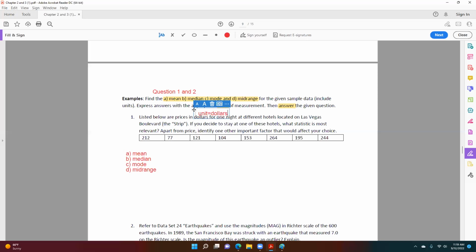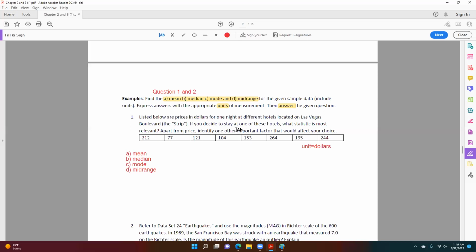So you do not need to worry about taking points off because of the units. You just put a little note like this in the corner, on the side, or wherever in this question to tell me that the unit we use is dollars.